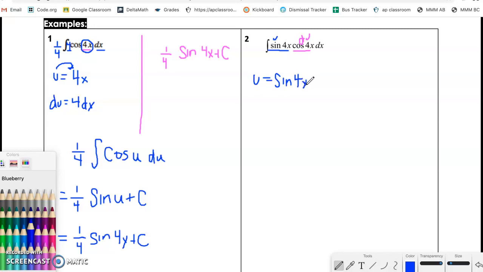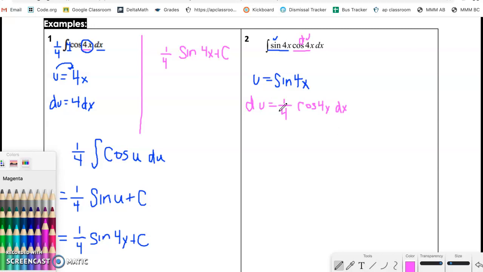Now my derivative of u is going to be 1/4, and the derivative of sine is cosine 4x dx.